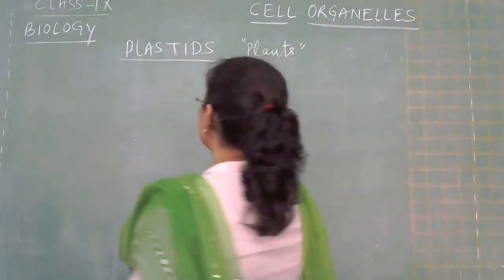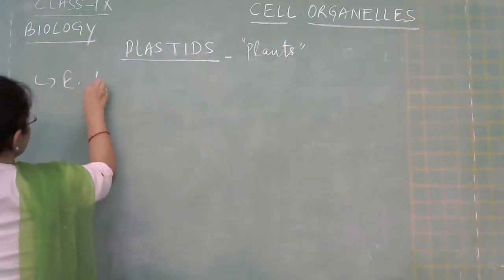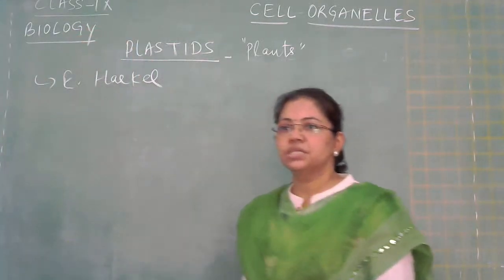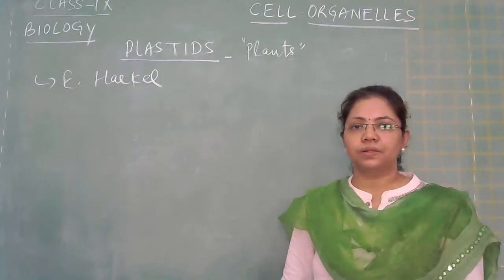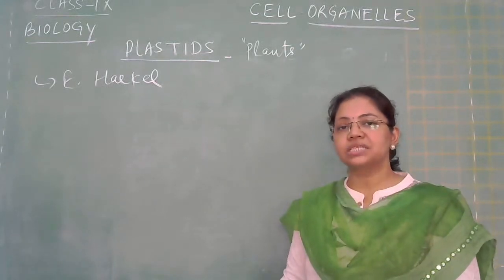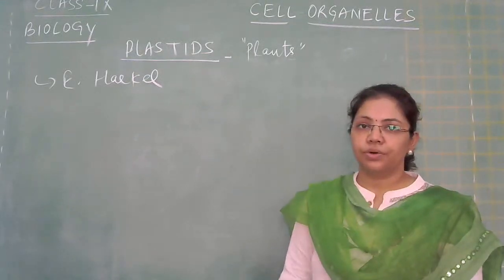Now these plastids were discovered by the scientist E. Haeckel, right? So the scientist Ernest Haeckel discovered plastids, right? And they are exclusively found to occur in plant cells, right?